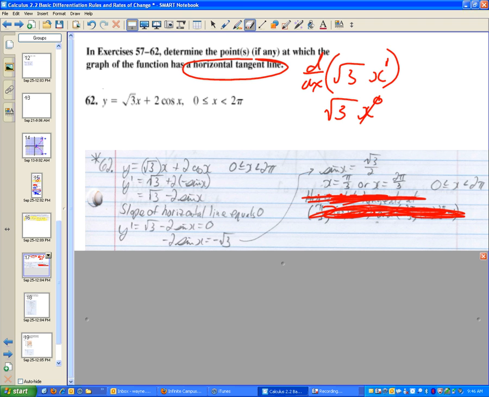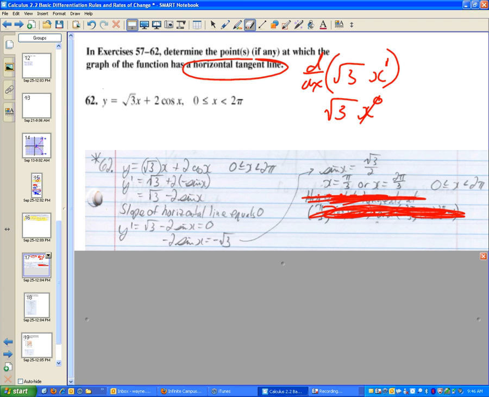And when the angle is 2 pi over 3, the sine equals the square root of 3 over 2. So that means there are two different places from 0 to 2 pi where this graph has a horizontal tangent line. When x equals pi over 3 and when x equals 2 pi over 3. You with me?